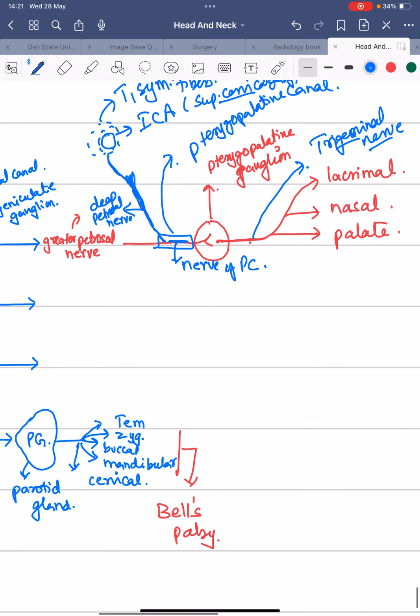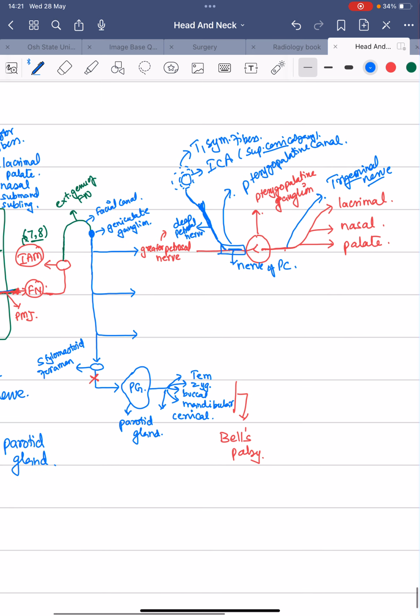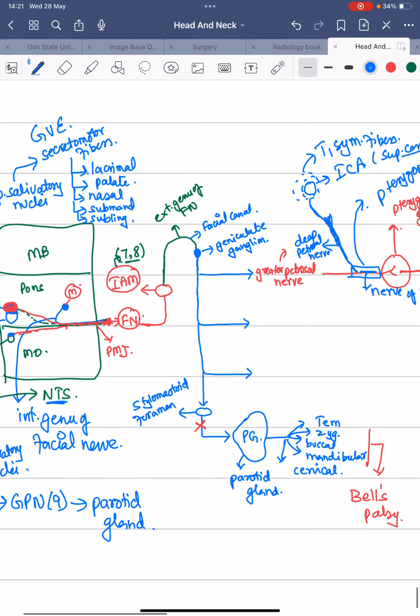The deep petrosal nerve joins with the greater petrosal nerve, entering into this canal known as the nerve of the pterygopalatine canal. And now it is forming this ganglion, the pterygopalatine ganglion. Now it is innervating these three: lacrimal, nasal, and the palate gland. So see here, these three are by your pterygopalatine ganglion.